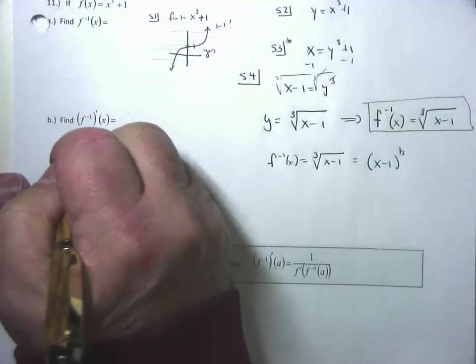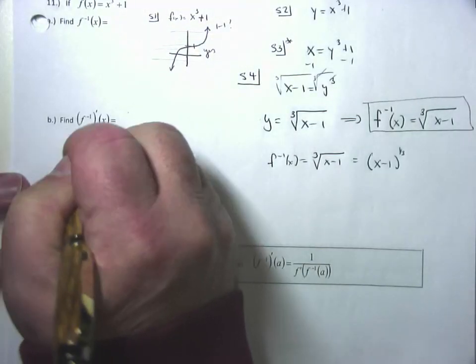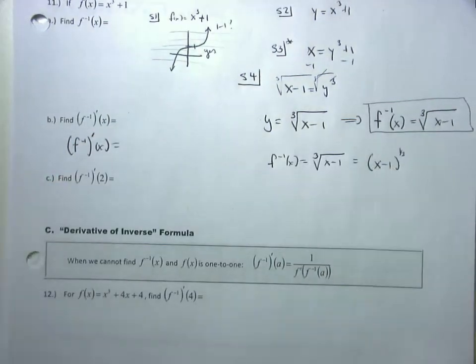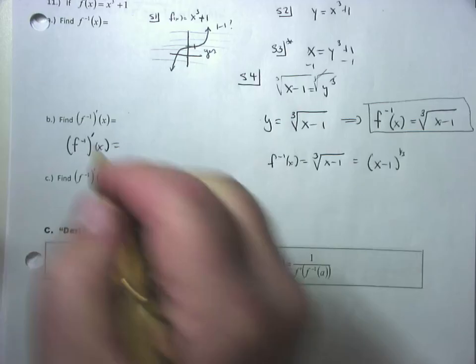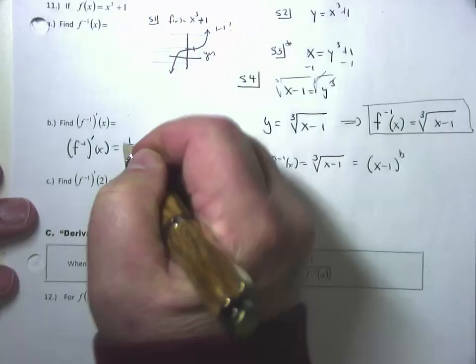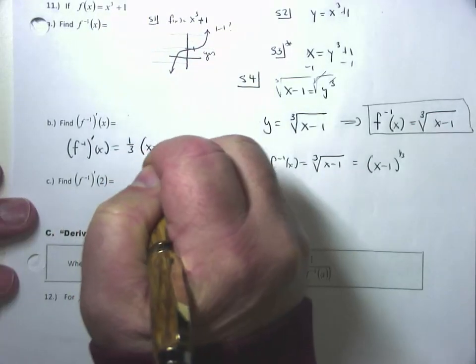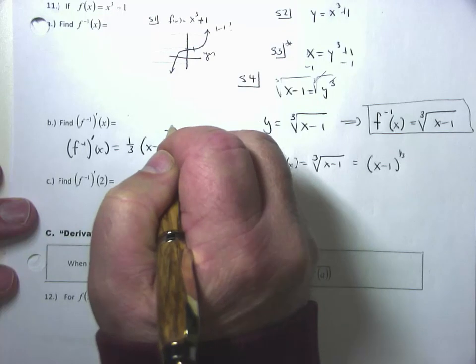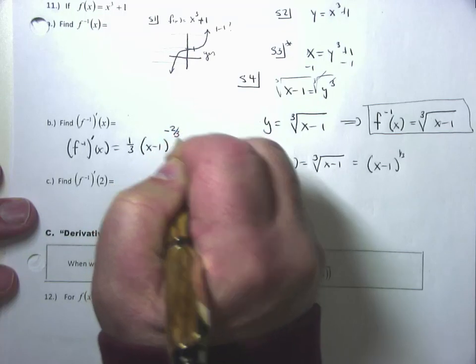So f inverse prime of x, the derivative of this guy, what rule would you have to use to take the derivative of x minus 1 raised to the 1/3 power? Yeah, use chain rule. Derivative of the outside, inside stays the same times derivative of the inside. So chain rule, the 1/3 pops out front. The inside, x minus 1 stays the same, raised to the 1/3 minus 1, which is a negative 2/3.